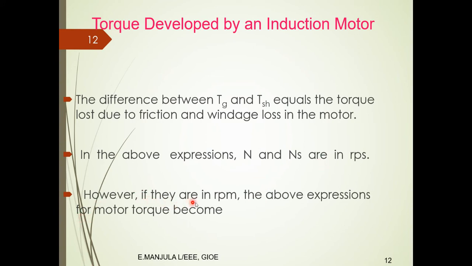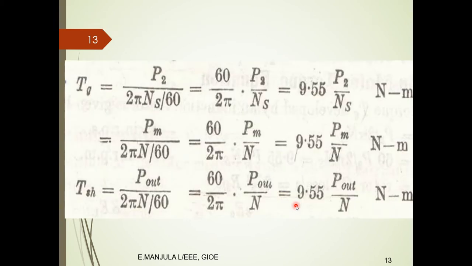However, if they are in RPM, the expression of the torque becomes: Tg is equal to P2 divided by 2 pi N by 60, which is equal to 60 by 2 pi into P2 by Ns, which is equal to 9.55 into P2 by Ns.